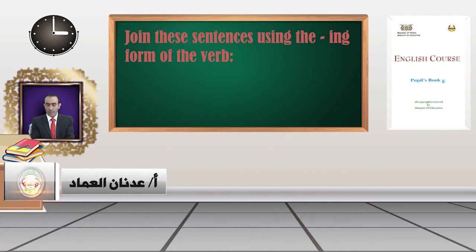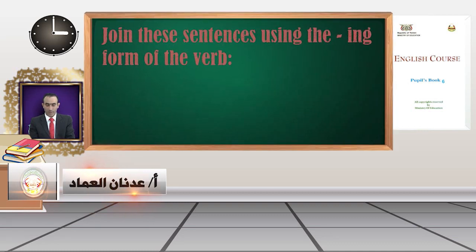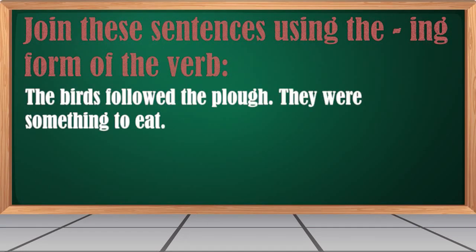Look at your workbook, page 11. Join these sentences using the ing form of the verb. Number 1, the birds followed the plow. They were looking for something to eat.